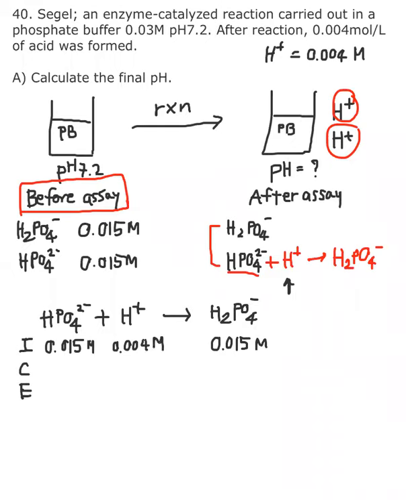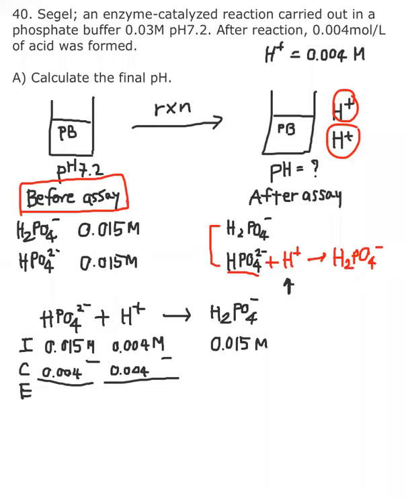Because one equivalence of proton will bind to one equivalence of HPO4 2-, the proton here would be the limiting substance. So it will bind the same amount of HPO4 2-, 0.004 molar.